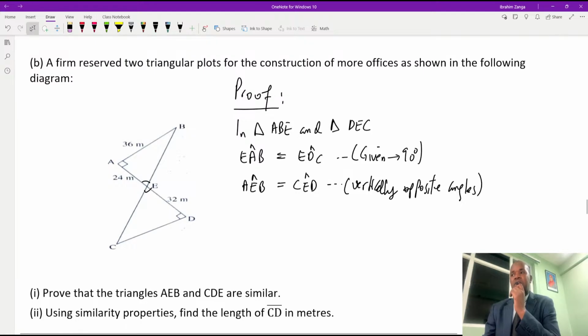The next stage, we are going to consider the third angle, and if these two angles are corresponding to each other, eventually even the third angle, this angle here, will be corresponding to that angle there, will be equal to the other angles you can see. So I'll be saying that angle ABE equals angle ECD, and actually this is the third angle.